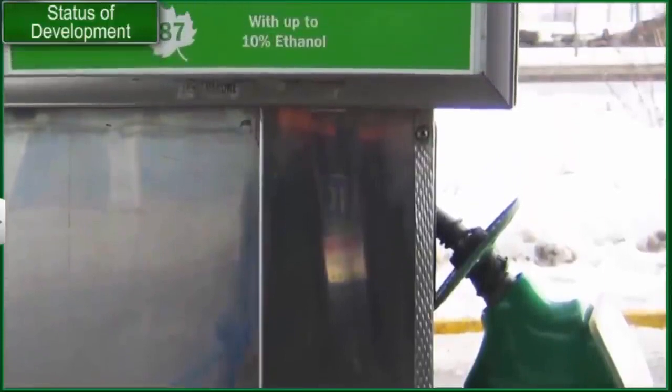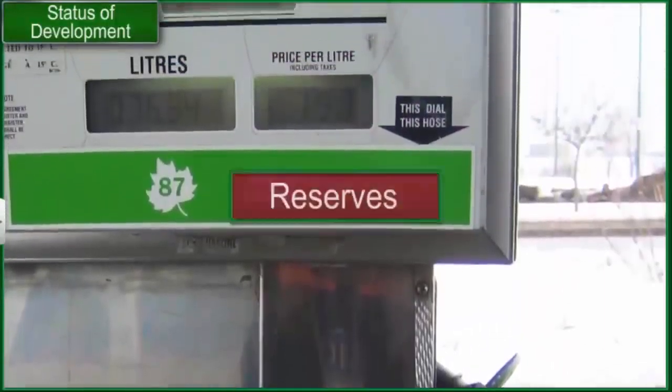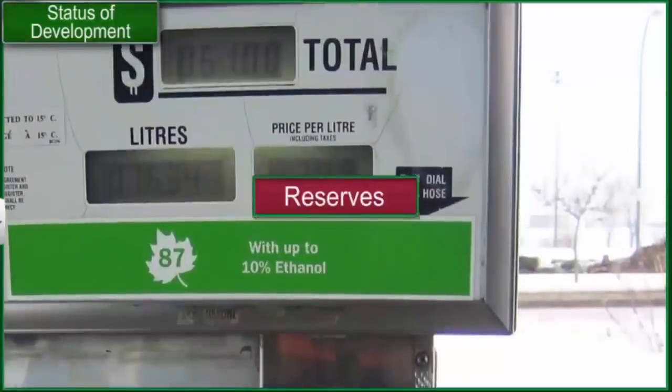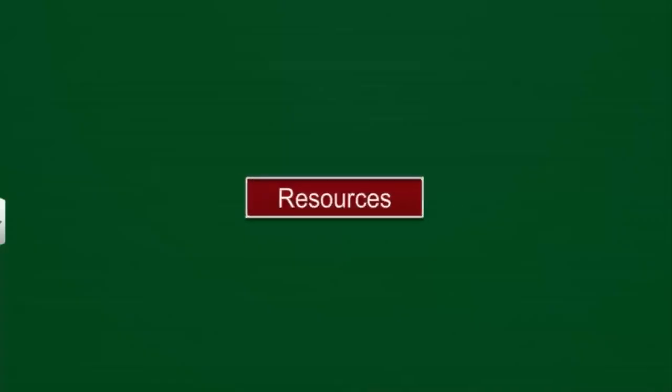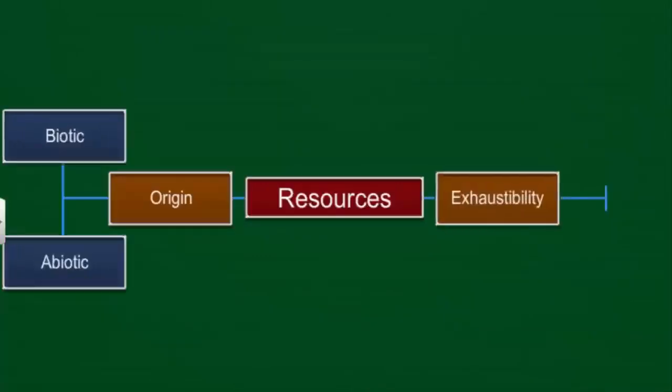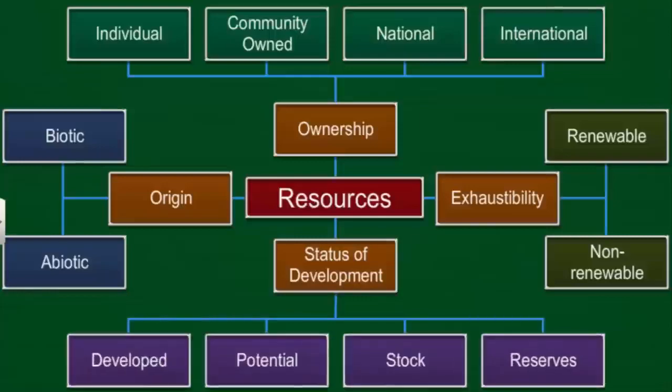Resources that can be used today, but are preserved to meet future requirements, are called reserves. Let us quickly look at the classification of resources based on their origin, exhaustibility, ownership, and status of development.